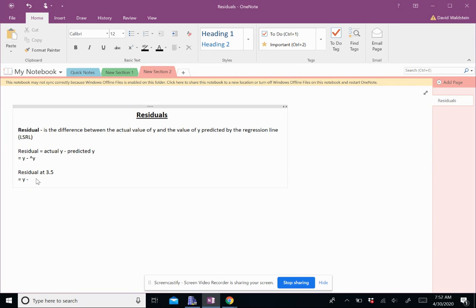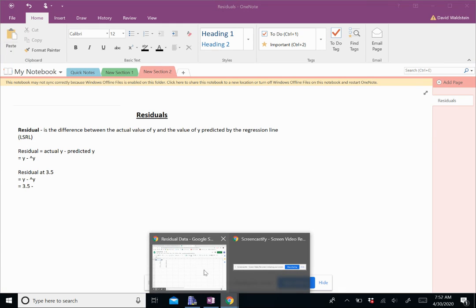So it's y minus y hat, which is our predicted y. So that's 27 minus, and then we have to figure out what the predicted value is.